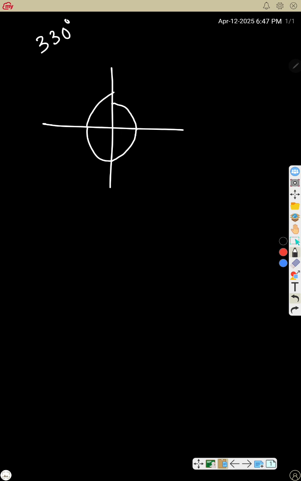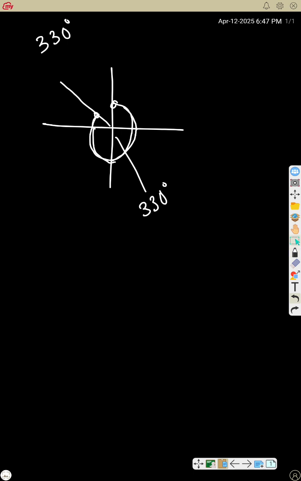Here is 360, but I need 330. So 330 will be somewhere here. So from the beginning to this place is 330 degrees. So in bearing, the first thing is to know how to locate the bearing, as we can see now.